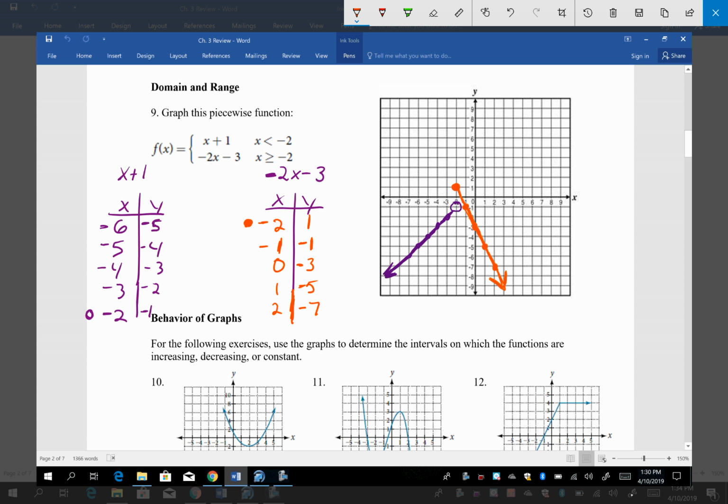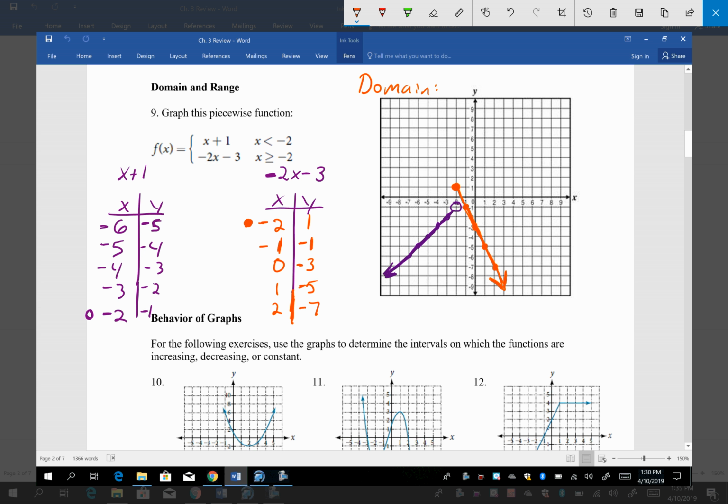Is this the only thing that we do, just plot these? Well, I didn't ask you about domain and range, but if you wanted to, what's the domain of this function? What x values could you plug in?